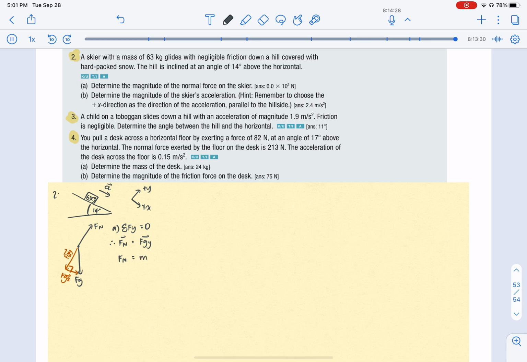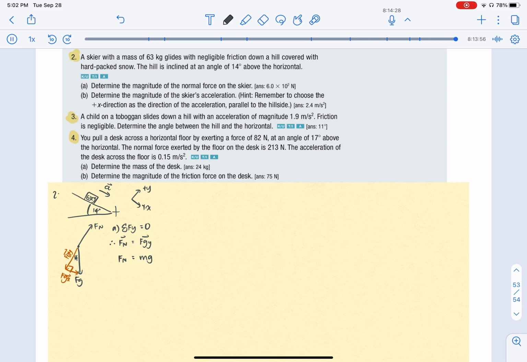Here I see this is going the opposite way, so that's force of friction, and that's going to be negative for me. And I see FGX, because it goes down and across, it's also pointing in the opposite direction. So I have an FGX in there too that equals MA. So I have three forces here, one positive, two negative. That's all fine and good.